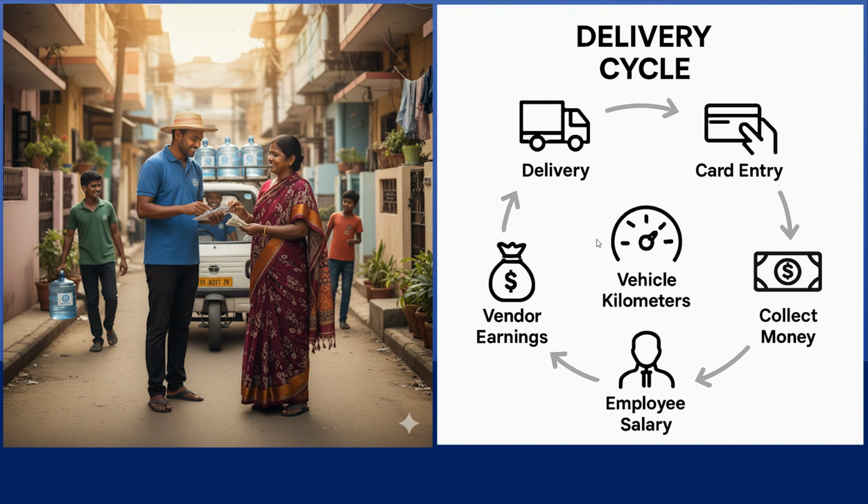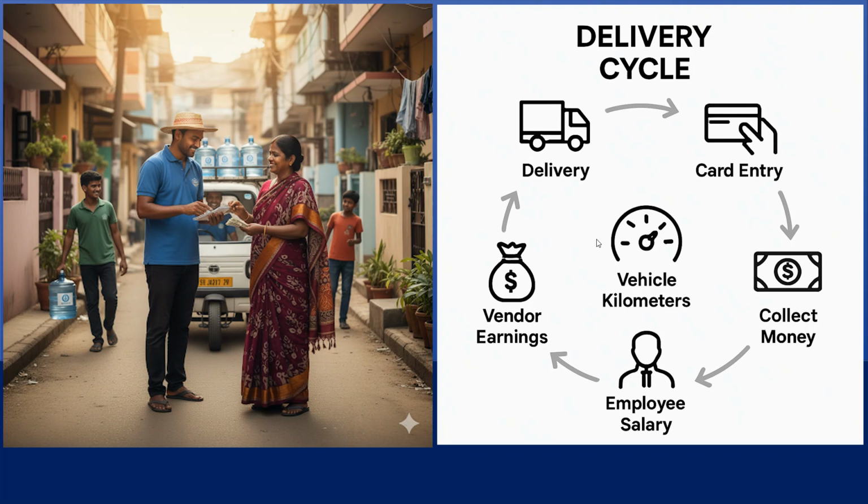Coming back to the vendor, who comes with a vehicle, the vendor would like to check the vehicle's kilometer count every month, so they can track how much the vehicle is utilized in the business and how much petrol they are putting in. Then the vendor employees. In this kind of business, vendor employees are either paid on a per day basis, or sometimes they are salaried.